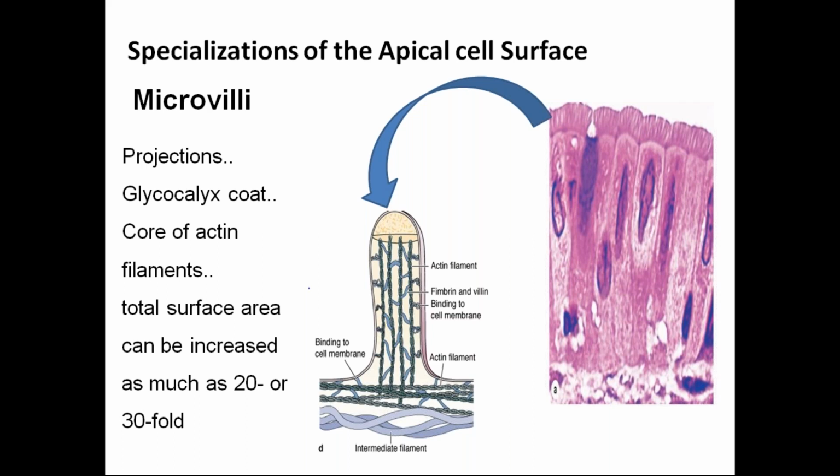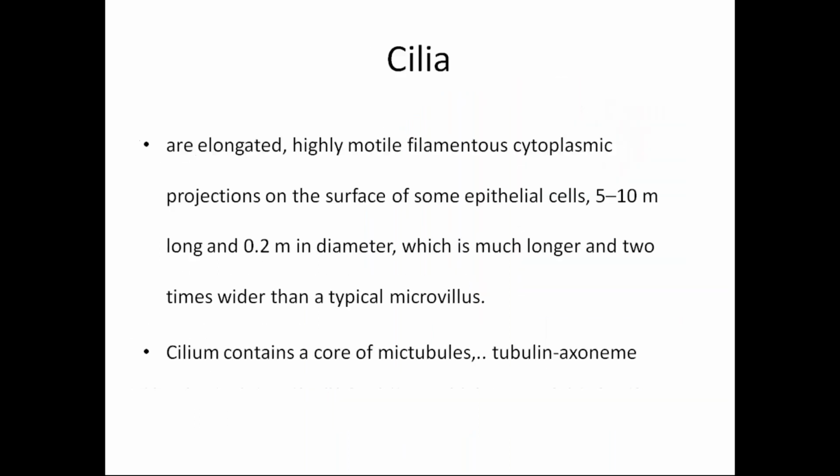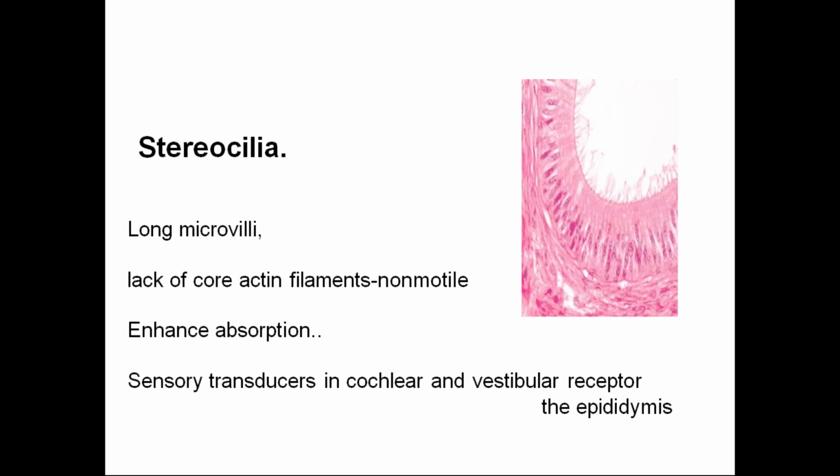So it helps in absorption. You will see it in the intestine. So microvilli, stereocilia and cilia are the surface projections. Now I am seeing the stereocilia. Stereocilia are long microvilli. Long microvilli lack the core actin filament.